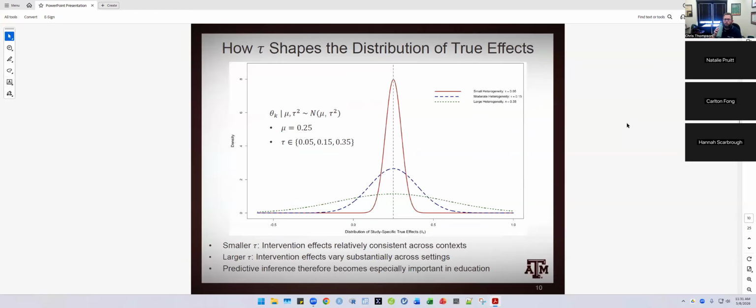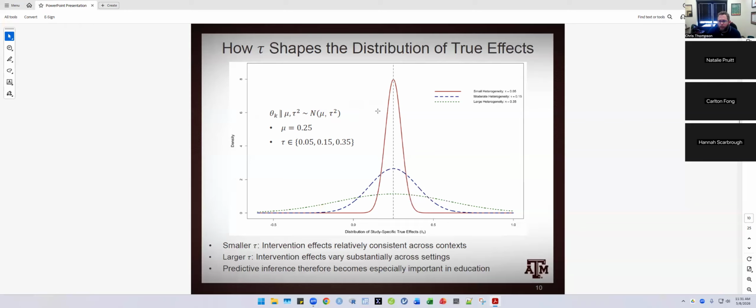Now, how tau shapes the true effects. So here, we take the true effect, K, assume they're real, and it follows a normal mu, tau squared, just as we have seen before. For this example, I'm going to fix the center, the mu, to be 0.5. It could be something else, I just chose 0.5. And tau to be 0.05, 0.15, and 0.35. So that's increasing.